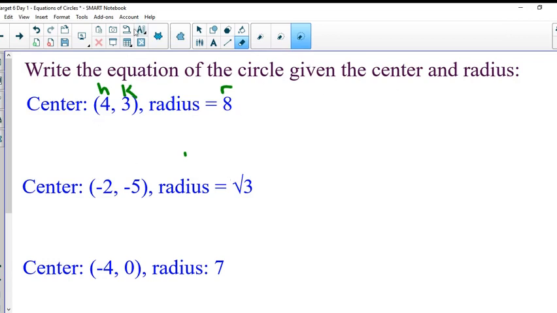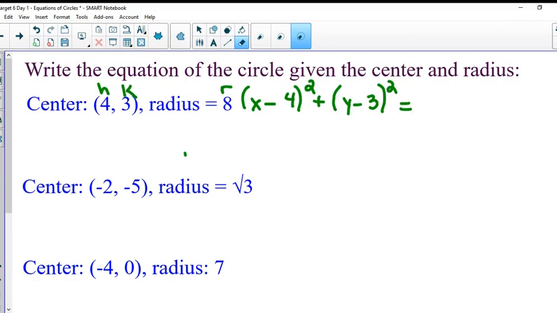Pretty simple. Here's how we're going to start. So we start with parentheses, then we have x minus h, which is 4, close that quantity, squared, plus, open, y minus k, which is 3, close, quantity squared, equals. Now remember, the last part of this equation is r squared.